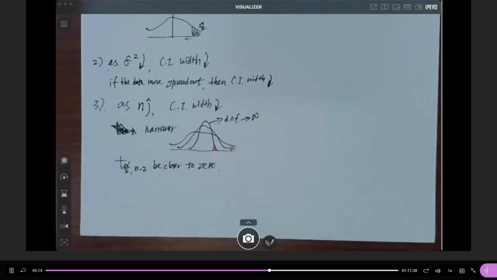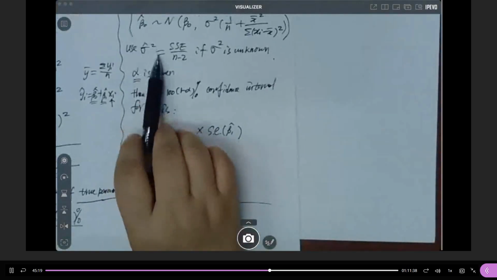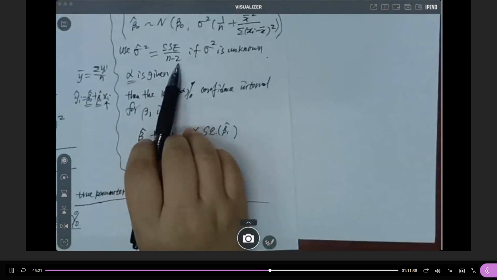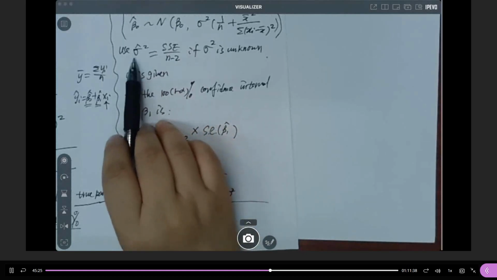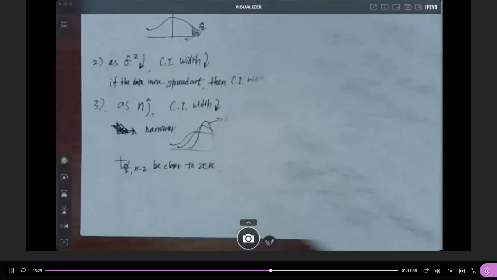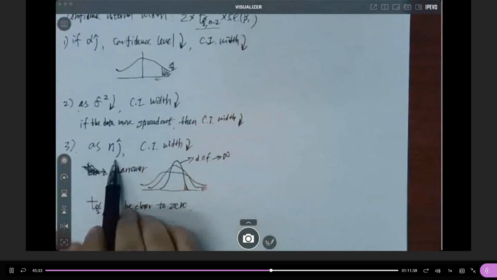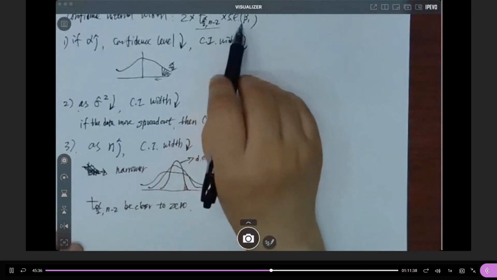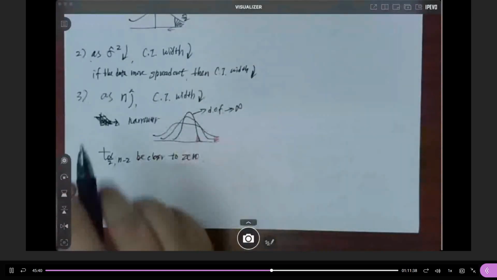And also, as n increases, remember that when you calculate your sigma hat squared, you use SSE divided by n minus 2. Even if everything else is the same, increasing n will decrease this. When it decreases, you decrease the standard error for beta 1 hat. So as n increases, usually both the threshold value and the standard error for beta 1 will decrease.